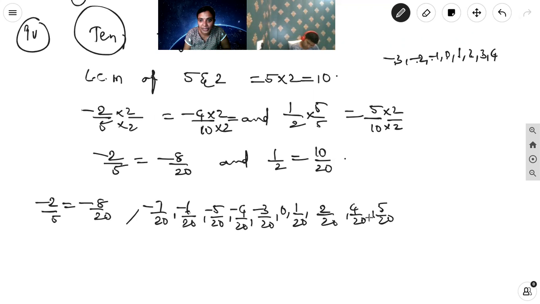How many? 1, 2, 3, 4, 5, 6, 7, 8, 9, 10. They are asking for 10 rational numbers between minus 2 by 5 and 1 by 2.